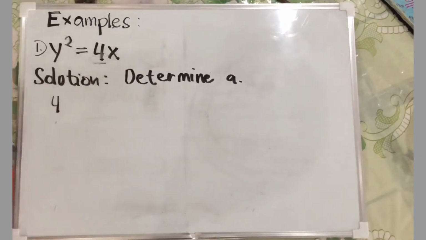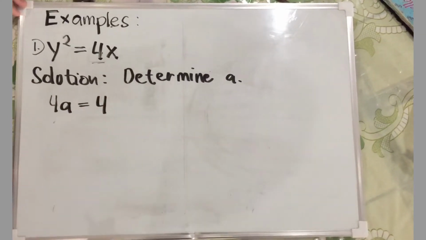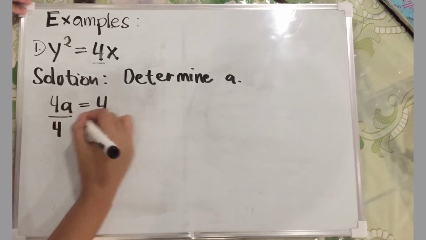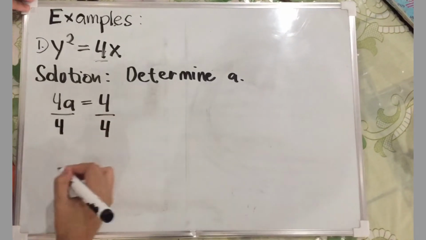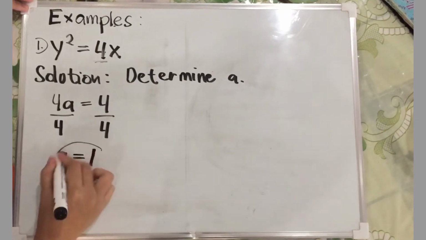So 4A is equal to 4. And to simplify that, we have to divide 4A by 4, and that will be A is equal to 1.